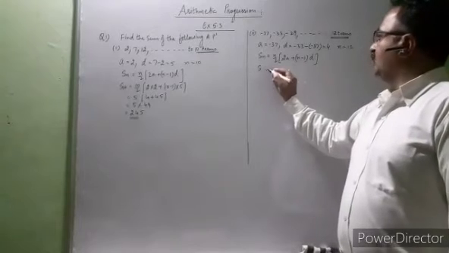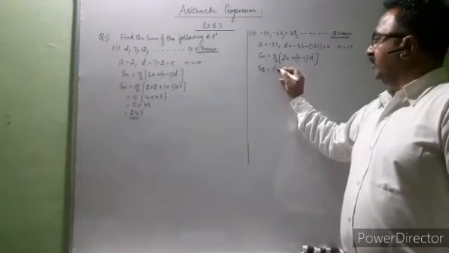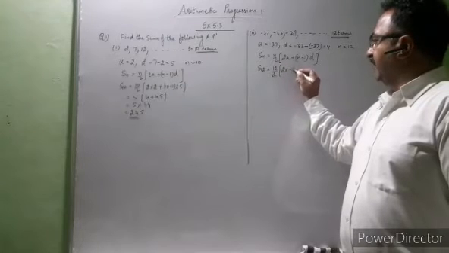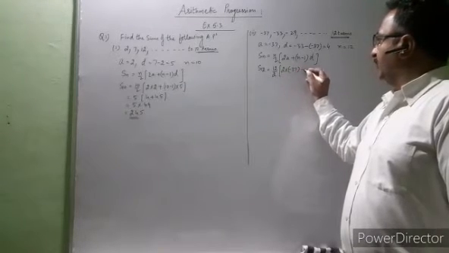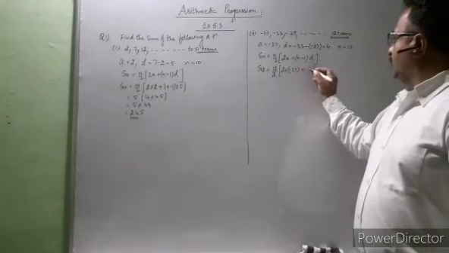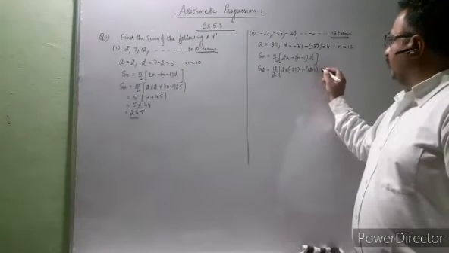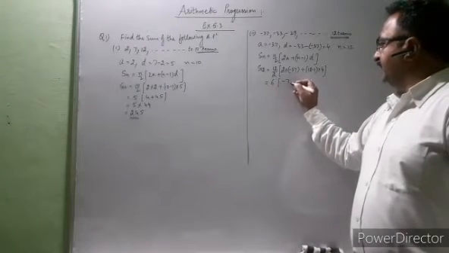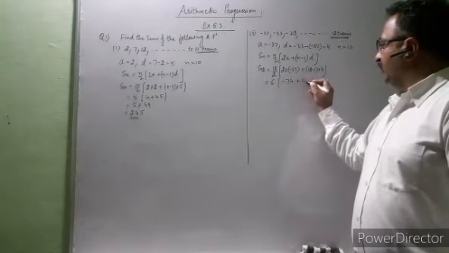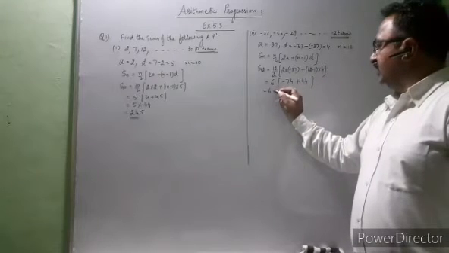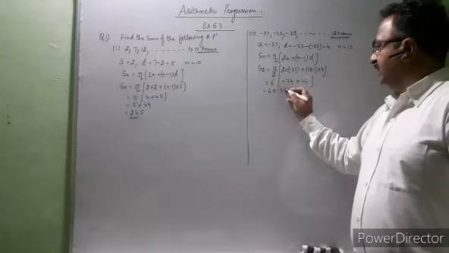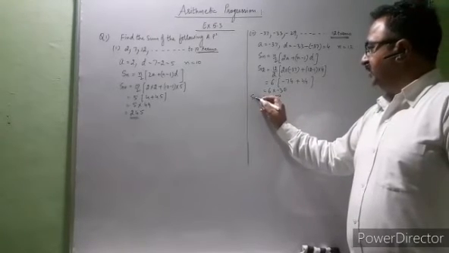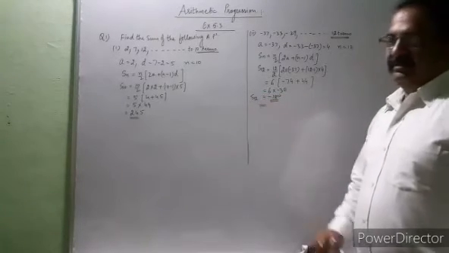So S12 equals 12 by 2 into (2 into minus 37 plus (12 minus 1) into 4). So 6 into (minus 74 plus 44), you'll get 6 into minus 30, you'll get minus 180. So the sum of 12 terms is minus 180.